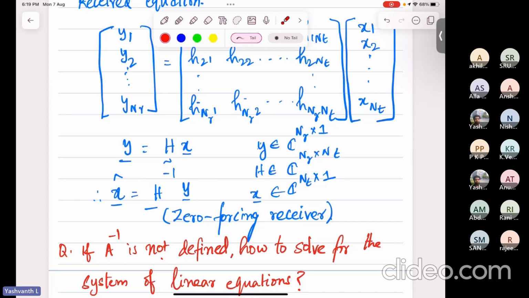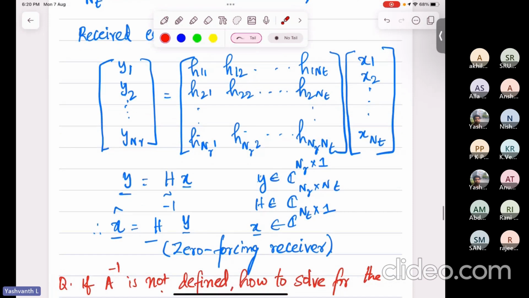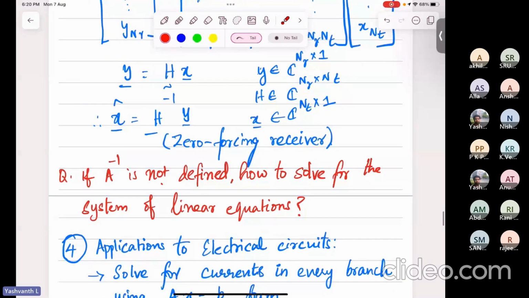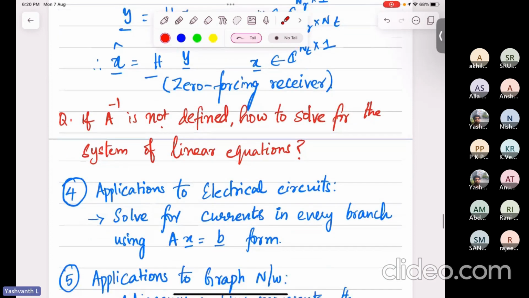Again, whether H inverse exists or not is still uncertain. But nonetheless, this is an example of how to cast real-world engineering applications as a system of linear equations. So a crucial question is: if A inverse is not defined, how do we solve a system of linear equations? We will explore this in detail in today's session.